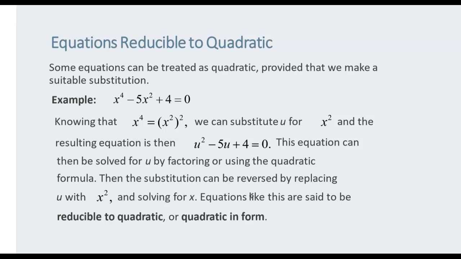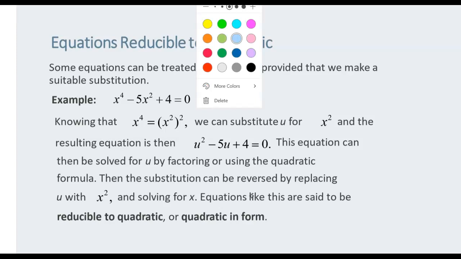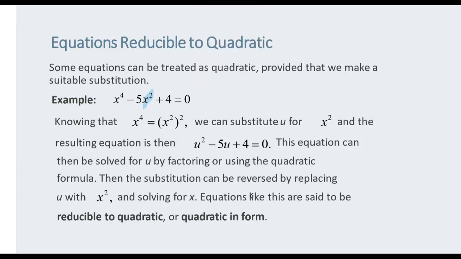What we do is we make a substitution so that we can rewrite it in the same format, but instead of using x squared as the variable, which usually comes from the middle term, we're going to use the variable u. So then that x to the 4th power becomes u squared, and then we can use factoring or the quadratic formula or completing the square. We can use any of the methods that we have before to solve.